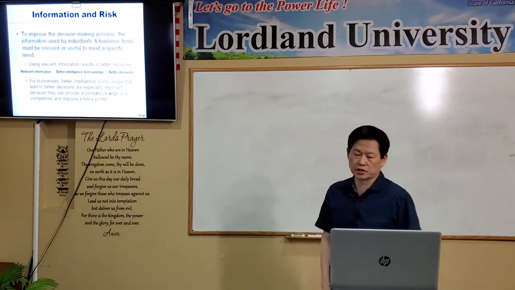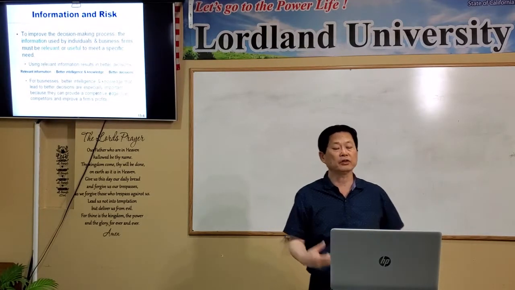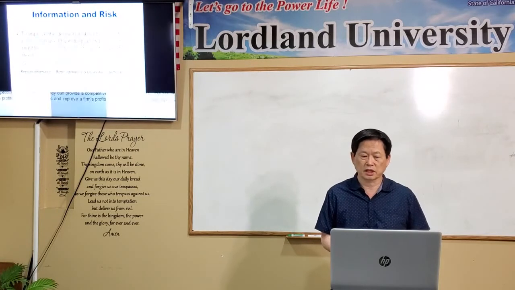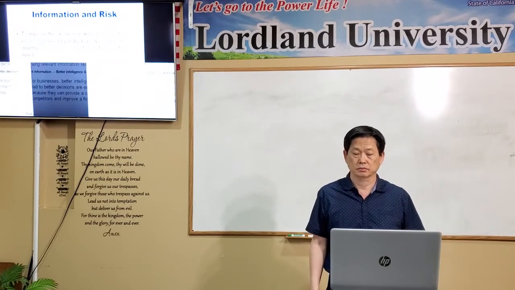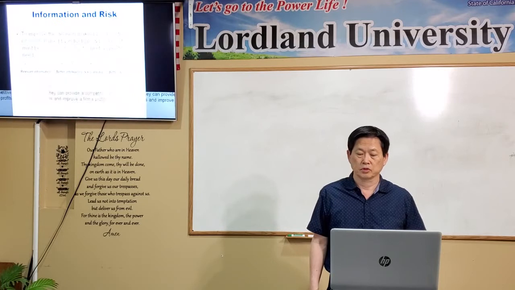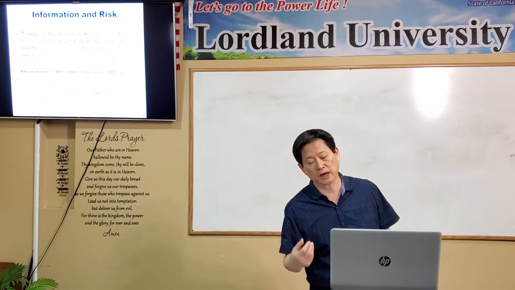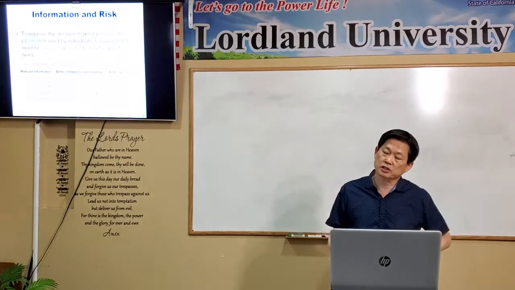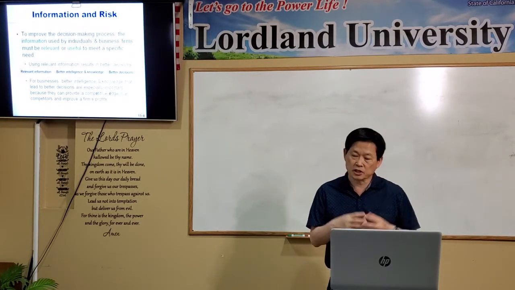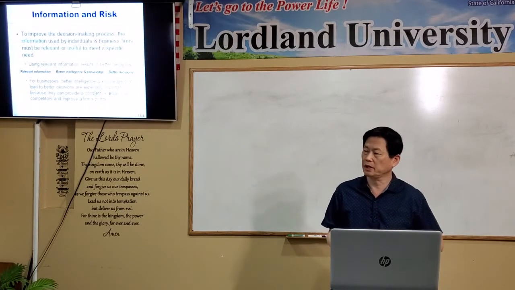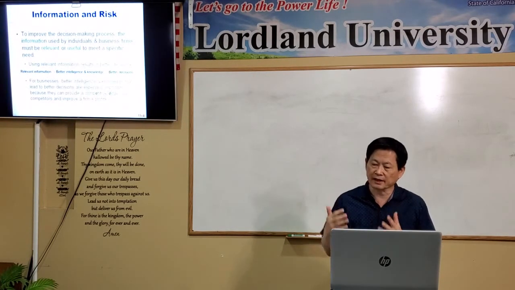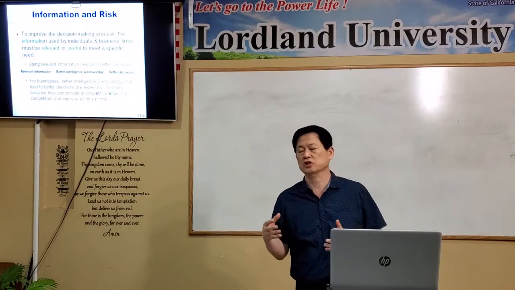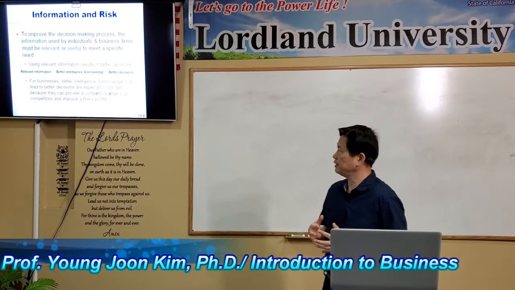Information and risk. To improve the decision-making process, the information used by individual persons and by business firms must be relevant, useful, and faithfully representative to meet specific business needs.